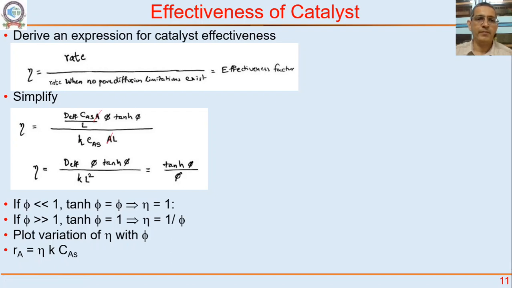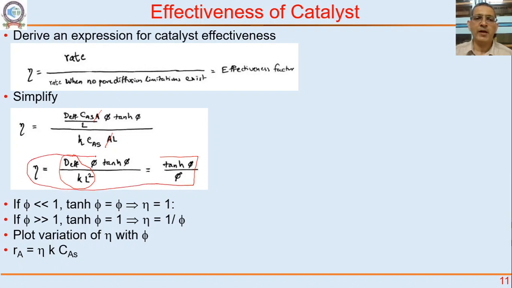I will get effective diffusivity phi tan phi divided by k L square. And then this k L square by effective diffusivity is nothing but our Thiele modulus phi square. And then this phi will cancel. We will get eta equal to tan phi divided by phi.